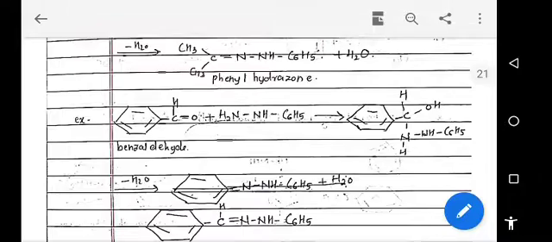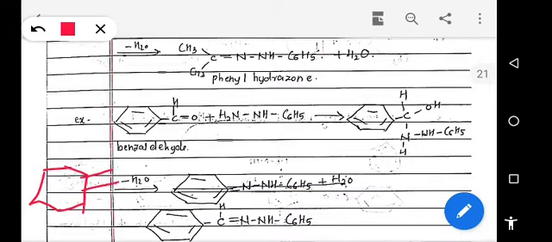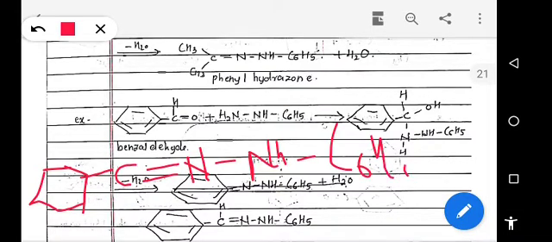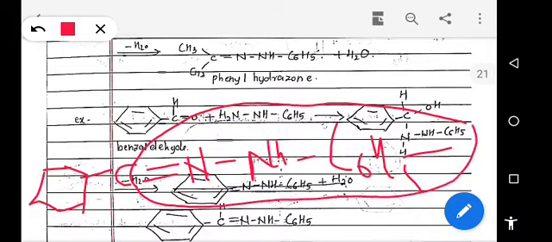Here is how to draw. Firstly draw the reactant, then draw the carbon. This carbon is attached with a double bond to the nitrogen, then NH, then C6H4. This is common in all the reactions. This part is different, depending upon which type of compound you take.